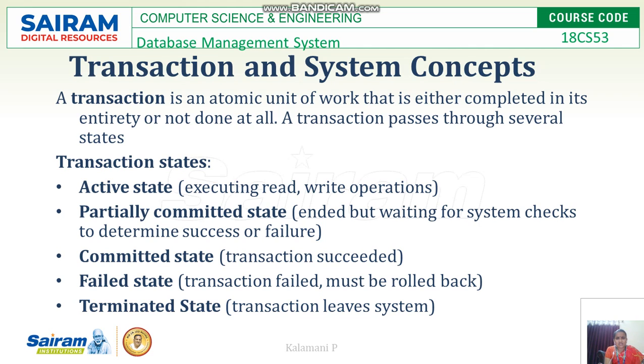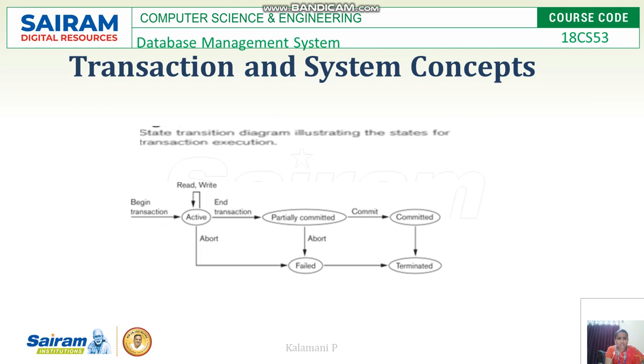There are several transaction states that we are going to see now. Each transaction may be in any one of the following states: active, partially committed, committed, failed, or terminated. Once a transaction starts with begin transaction, it is in the active state when it is reading or writing values.